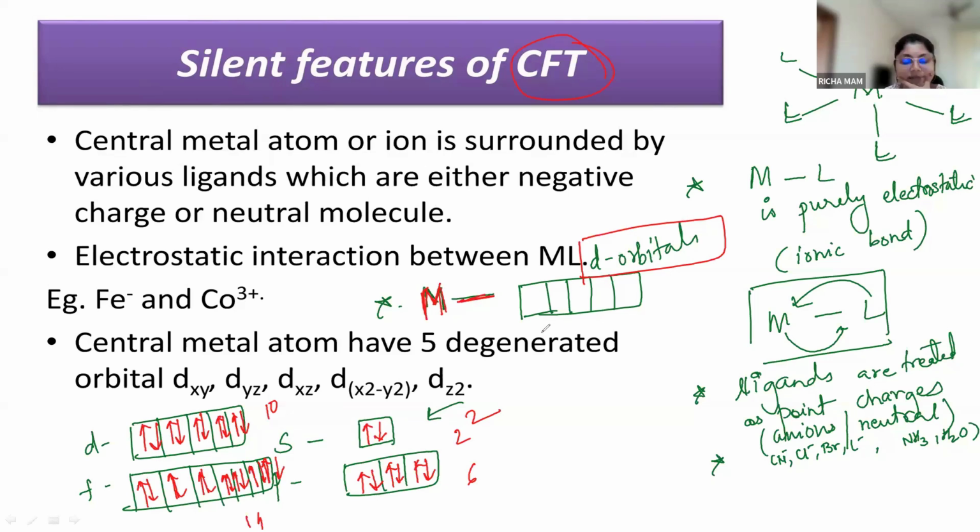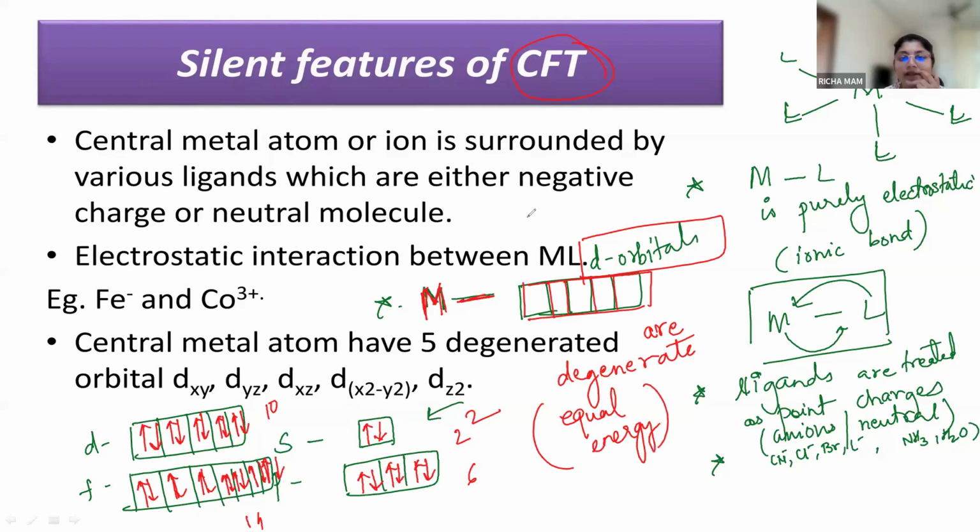Whenever you have an isolated metal ion, it has 5 d orbitals, and these 5 d orbitals are degenerate. What do you mean by degenerate? Degenerate means they have equal energy. All these orbitals are of equal energy in the case of an isolated ion.